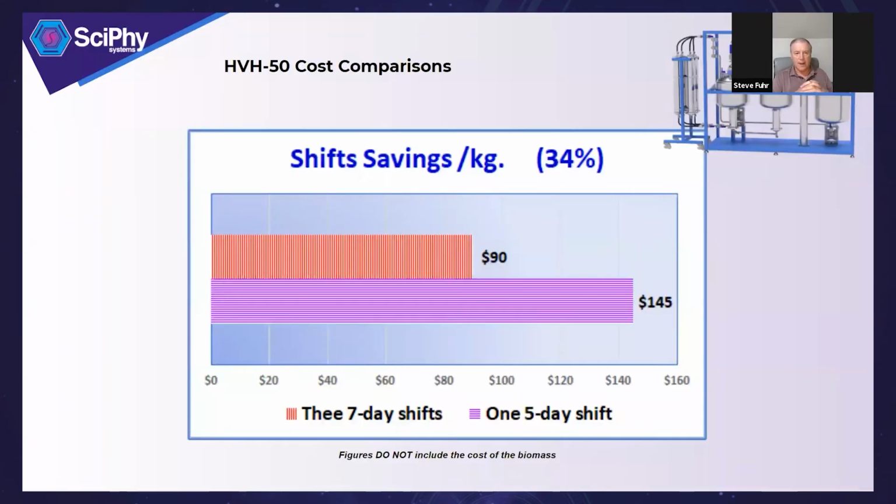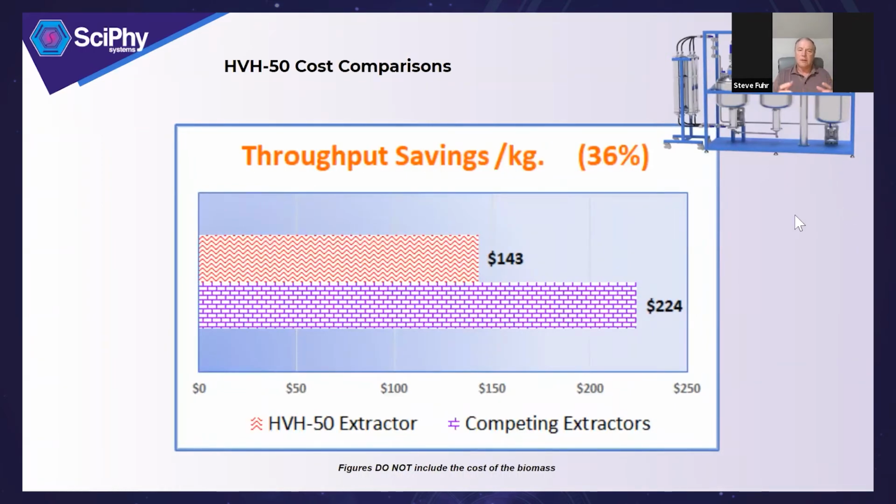Right. And really, Emmett, that brings us to the next huge cost driver, because all of these, of course, are interrelated. And I don't know if you can bring up that slide on throughput savings, but this is a significant driver. And when you start talking about scale, the example that we use here is a machine that does 50 pounds an hour and a machine that does 18 pounds an hour.